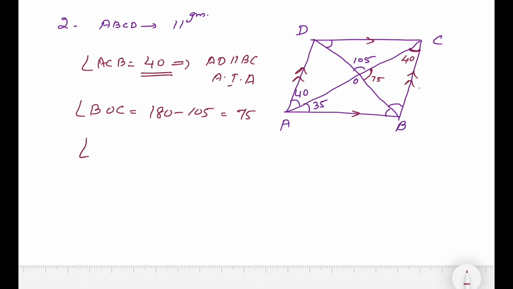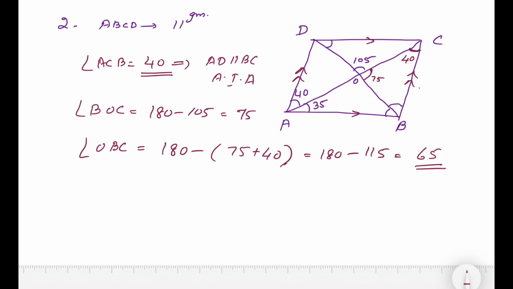So angle OBC is equal to, angle sum property again, 180 minus (75 plus 40). So 180 minus 115 equal to 65. So OBC you will get this as 65.